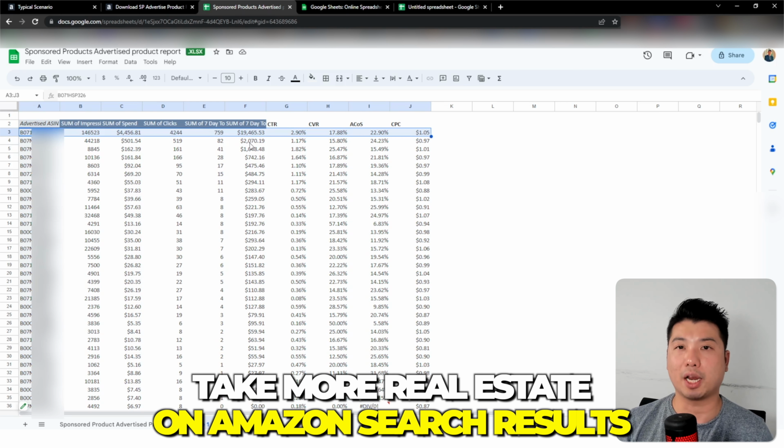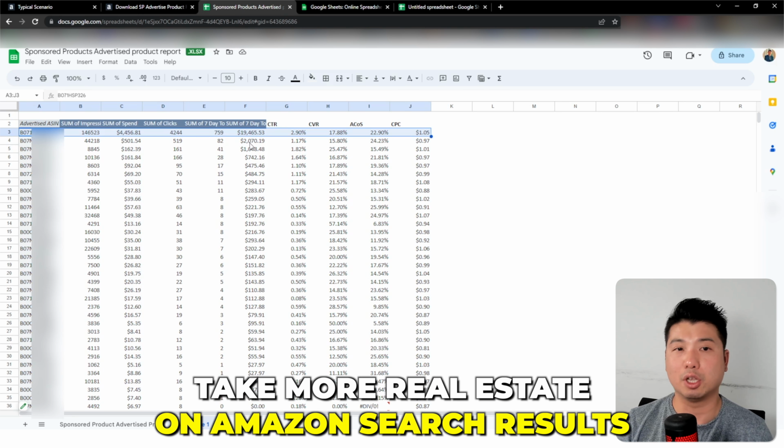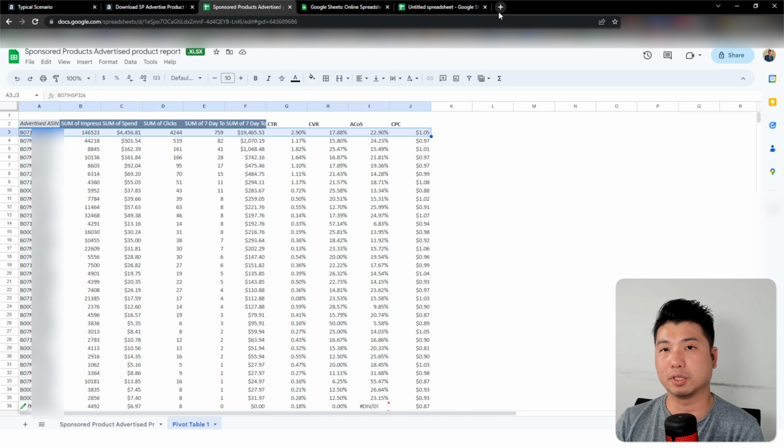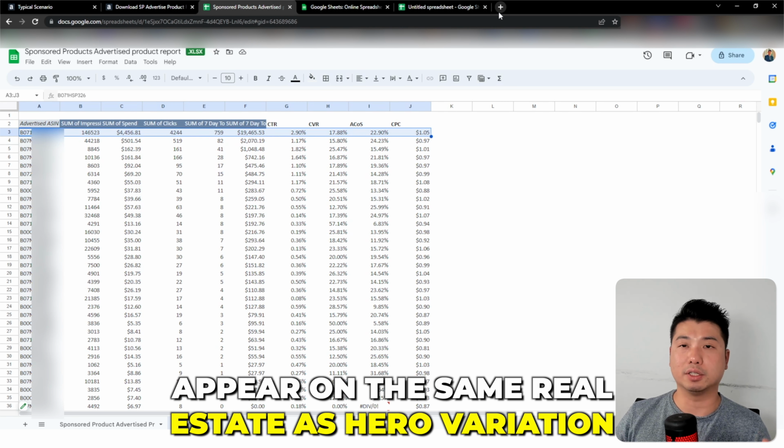This way you could actually take more real estate on the Amazon search result. Because as we know, each particular campaign and ad will only give you one slot on the Amazon search result. But if you advertise two campaigns on the same keyword, with a different ad in a different campaign, you could appear on the same real estate as your hero variation, right?